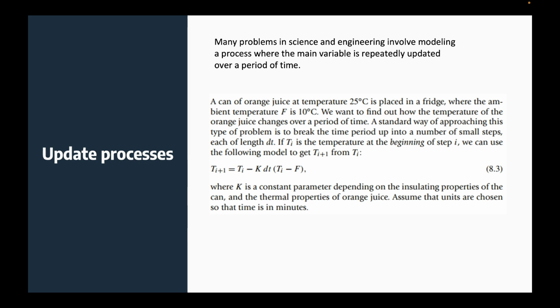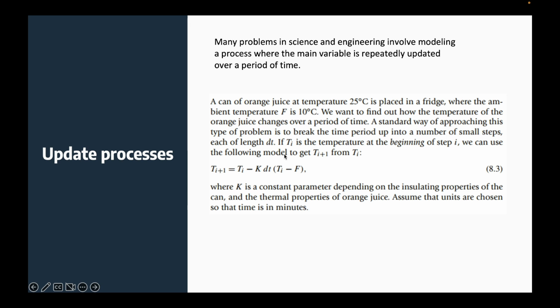Now if the initial temperature Ti is the temperature at the beginning of step i, we can use a model equation to get Ti plus 1 from Ti. Take this equation as it is. What is the new temperature, Ti plus 1? That would equal Ti, the initial temperature, minus the constant K multiplied by dt, the variation of time, multiplied by Ti minus F, which is the ambient temperature.